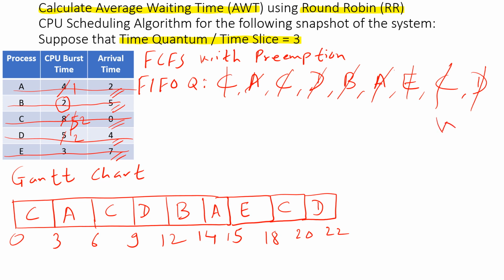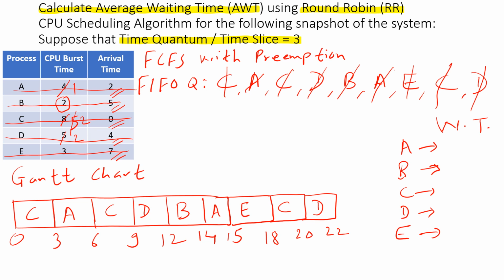Now let us calculate the wait time for each process. A, B, C, D and E. So what is the wait time for process A? Right?